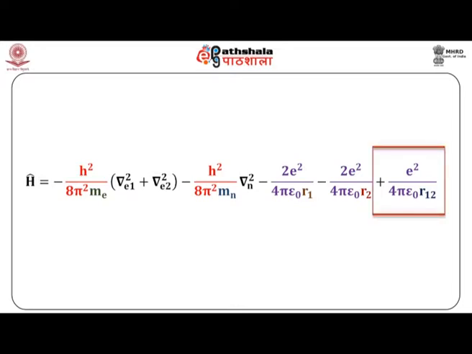And the last term in this equation, the electron-electron repulsion term, is e²/4πε₀r₁₂. Here r₁₂ is the distance between the two electrons, and as you can see from this equation, this term has a positive sign.